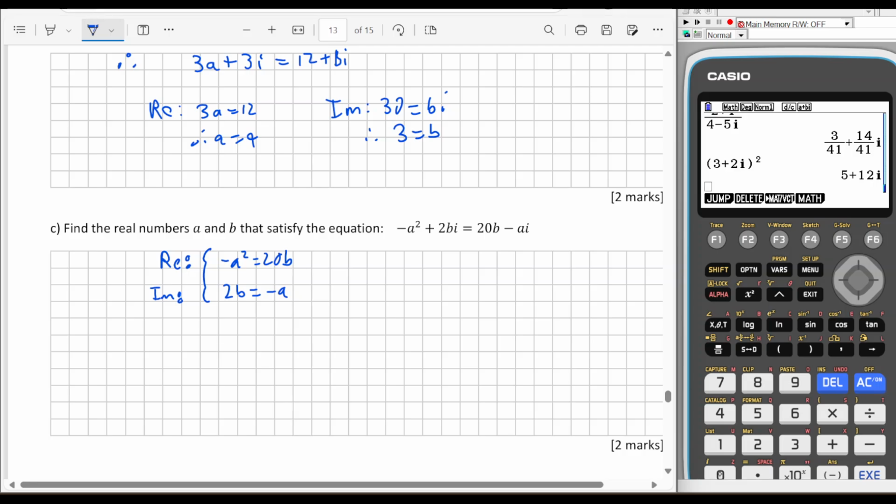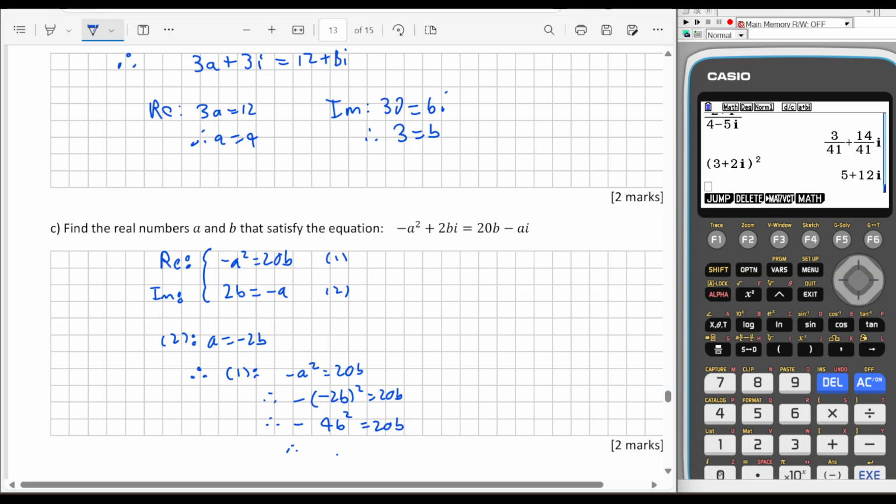So whatever way you swing it, maybe from the bottom equation, so we'll go 1 and 2. So from 2, a essentially is minus 2b. Therefore, from equation 1, minus a squared equals 20b. So minus 2b squared is 20b. So that's minus 4b squared. I'll get rid of the minus sign there, is 20b.